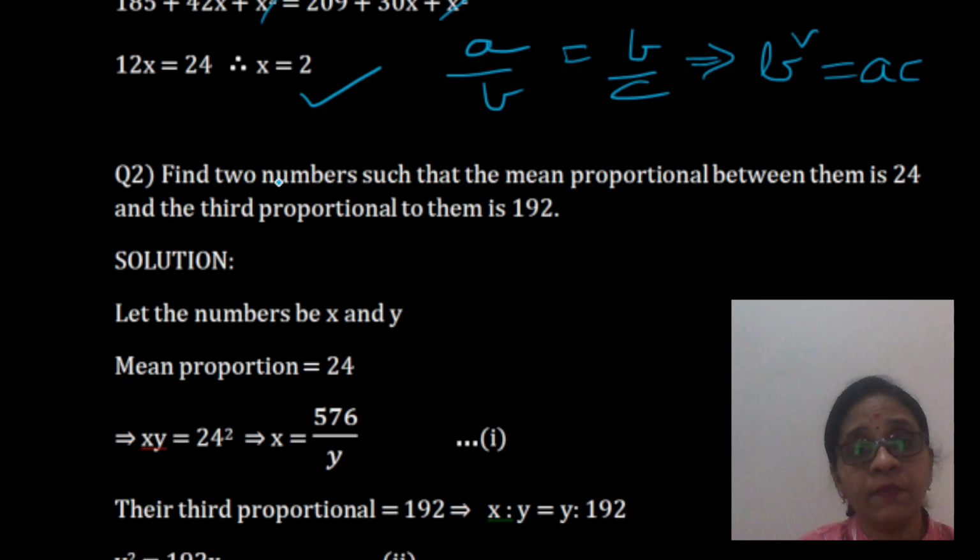Now here it is given, find two numbers such that the mean proportion between them is 24, which means if the numbers are x and y, b is the mean proportion to a and c. So here what is the mean proportion?